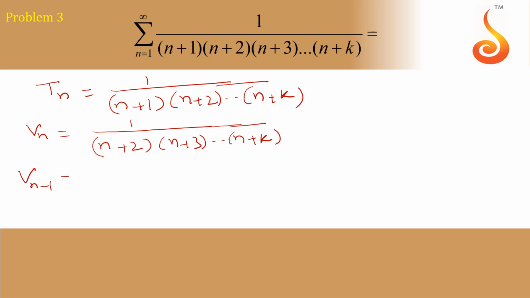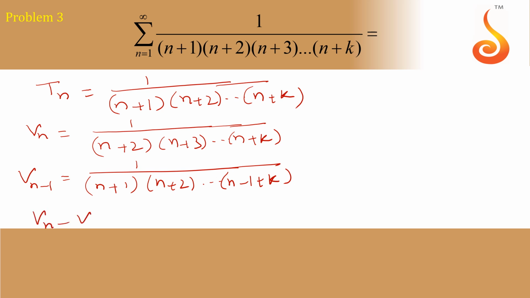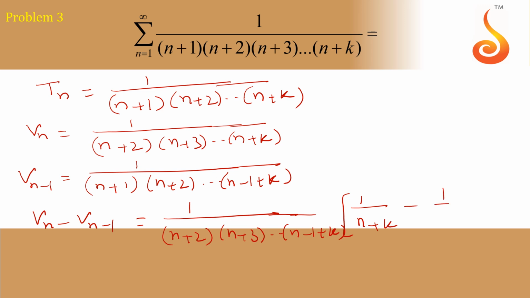Then what will be Vn minus 1? 1 by, in the place of n, put n minus 1. So you will get n plus 1, n plus 2, so on, n minus 1 plus k. Then if you do Vn minus 1, what you will get? I think you can take common n plus 2 into n plus 3, so on, n minus 1 plus k, and in the bracket you will get 1 by n plus k minus 1 by n plus 1.